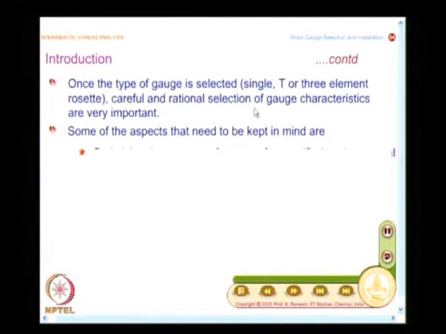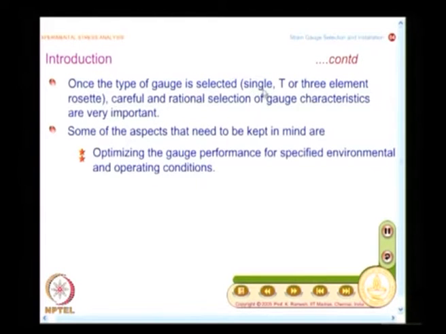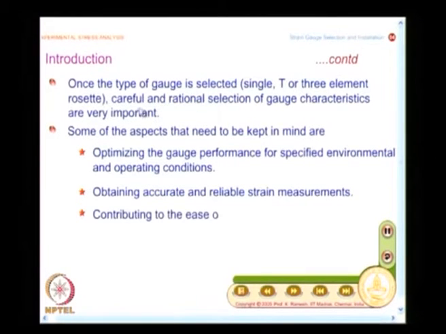So, once you decide, yes, I need to have in these locations a single strain gauge, a T rosette or a 3 element rosette, you have to make a careful and rational selection of gauge characteristics for the given application. And what are the aspects that you need to keep in mind? You need to optimize the gauge performance for specified environmental and operating conditions.